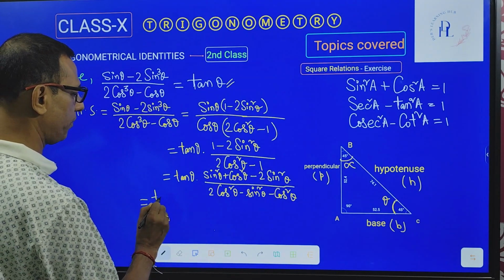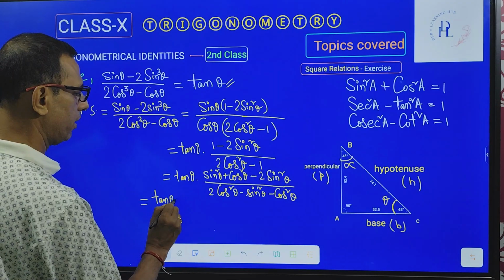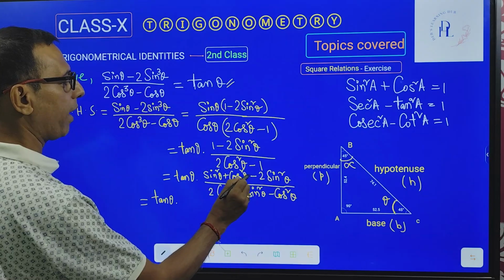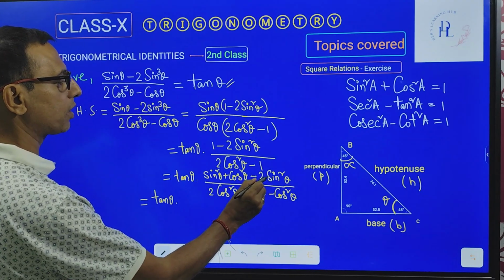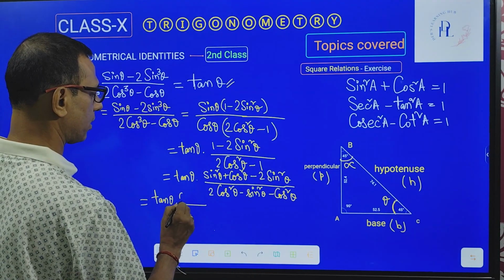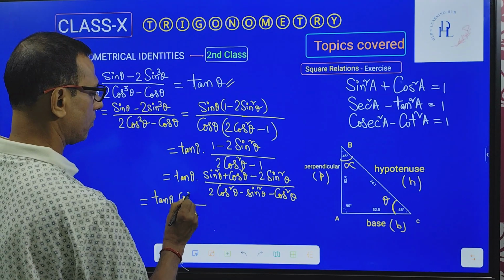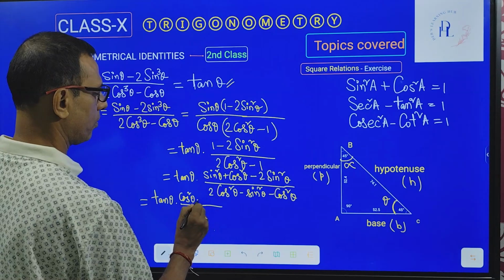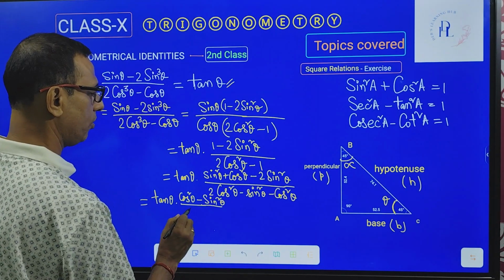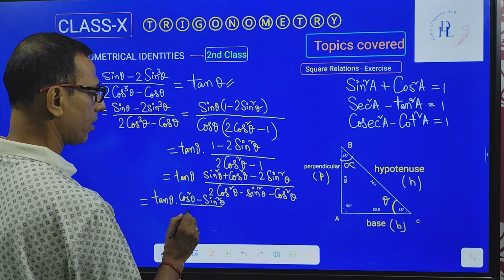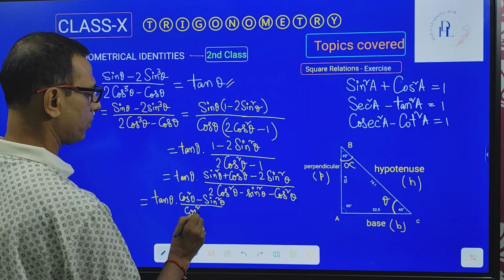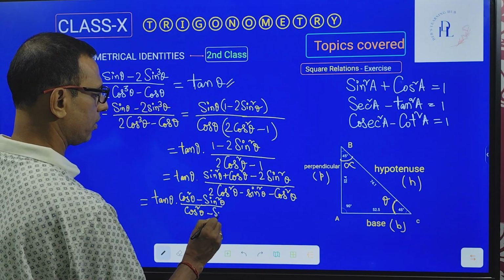After simplification, how does it look? Tan theta into: sin square theta minus 2 sin square theta means minus sin square theta, so the numerator is cos square theta minus sin square theta. In the denominator it is 2 cos square theta minus cos square theta minus sin square theta, which is cos square theta minus sin square theta.